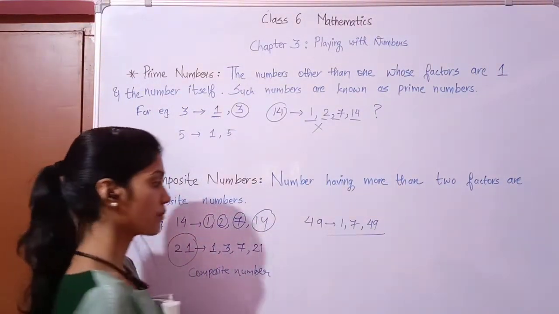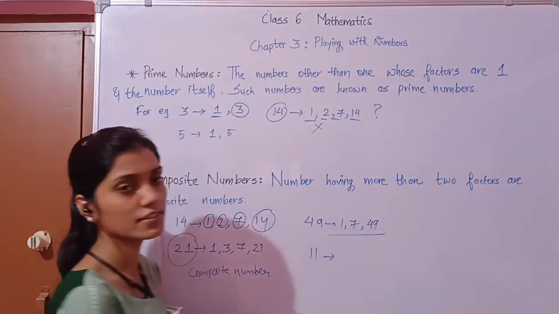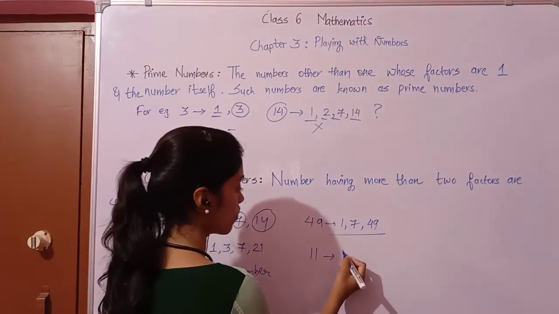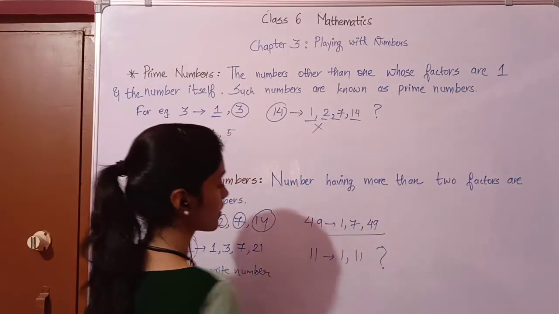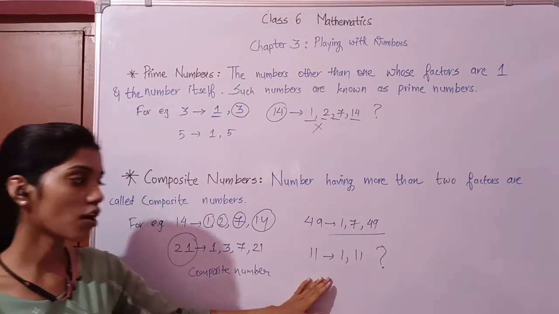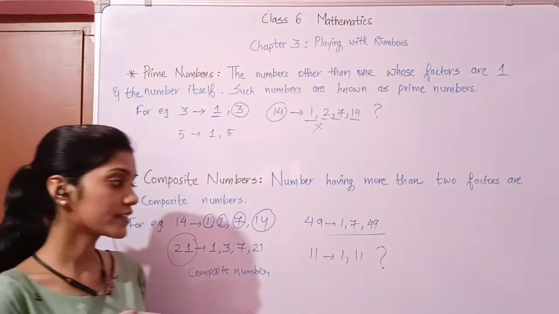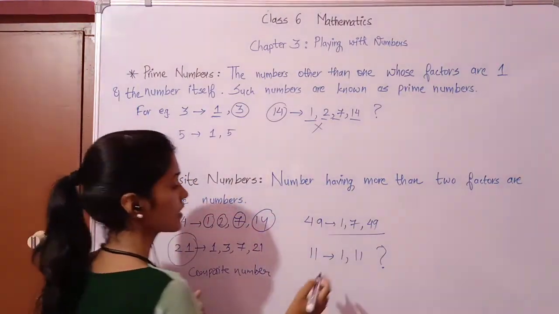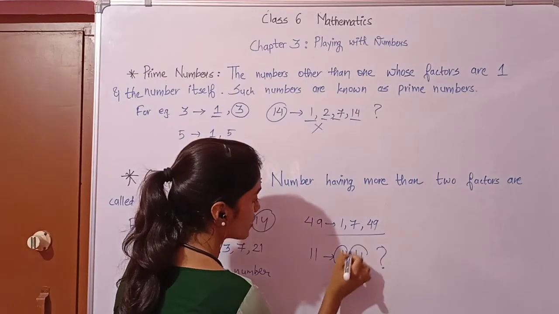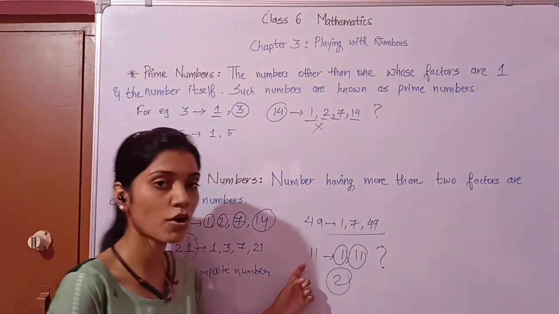Let's take another example. If I take 11, tell me the factors of 11. They are 1 and 11. Now tell me, is it a composite number? No, it is not a composite number. Why? Because we have just read that the number should have more than 2 factors, and how many factors are there? There are only two factors, 1 and 11, right? So we can say that it is not a composite number.